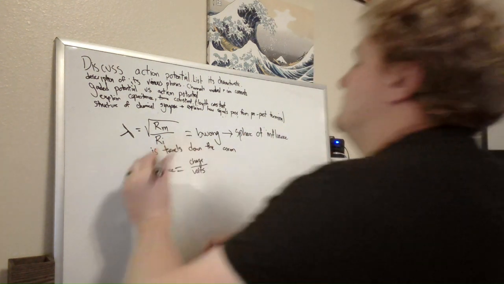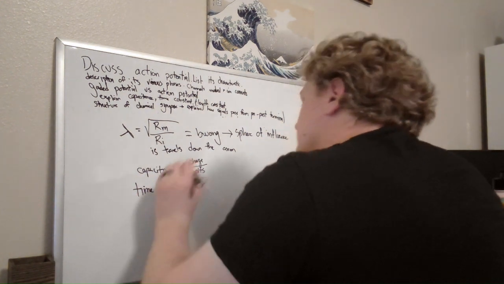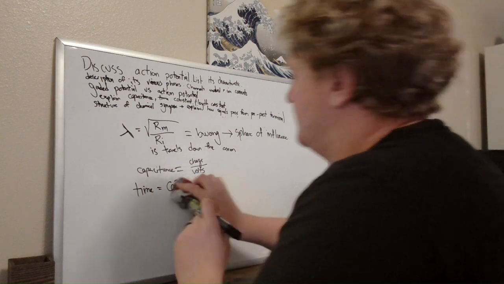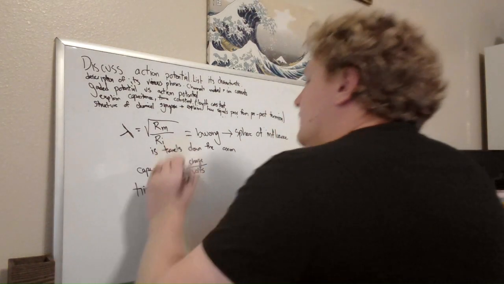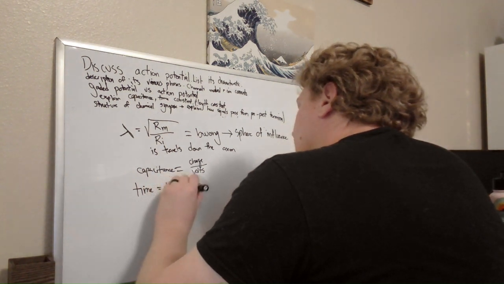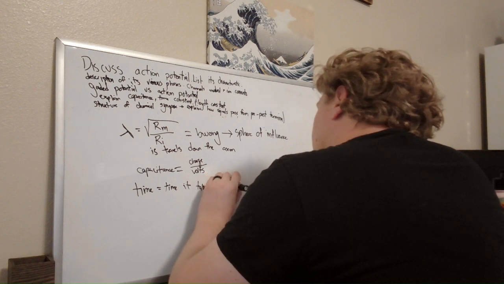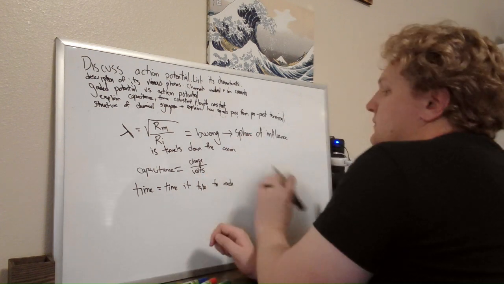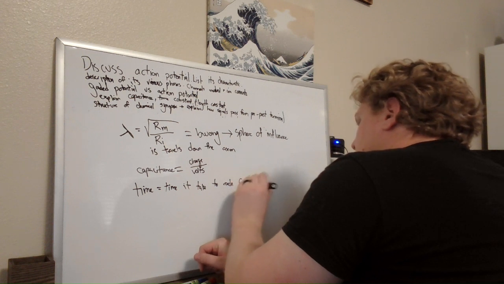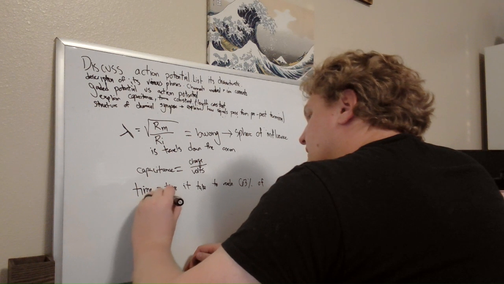And then our time constant is the time that it takes to reach 63% of our expectation. Time it takes to reach 63%.